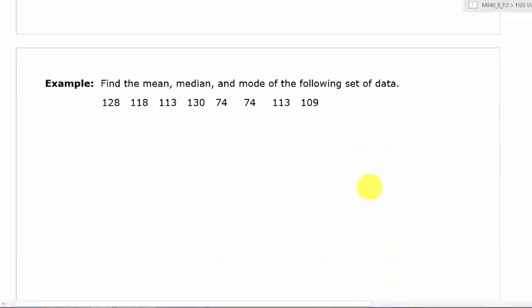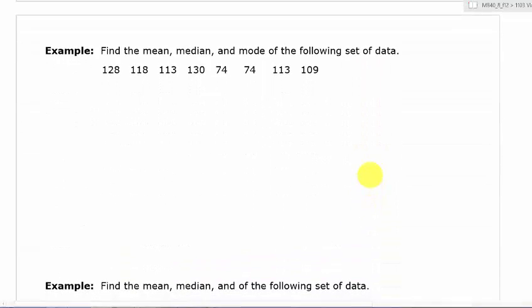So now some examples. Our first example, we want to find the mean, median, and mode of this small data set. The first thing that I'm going to do is reorder it so that I have the data going from the smallest to the largest. So I have two data values of 74, and I'm just going to cross those off as I list them.